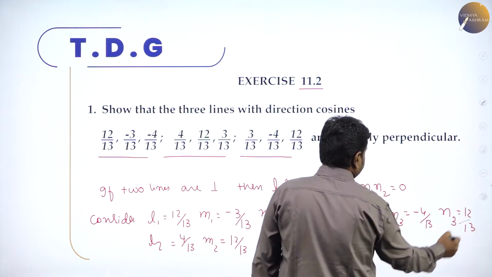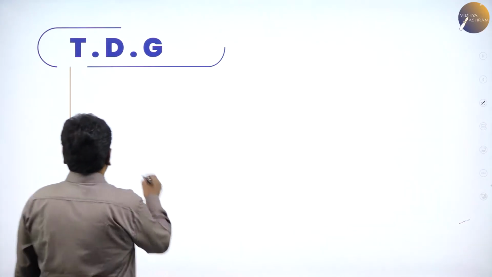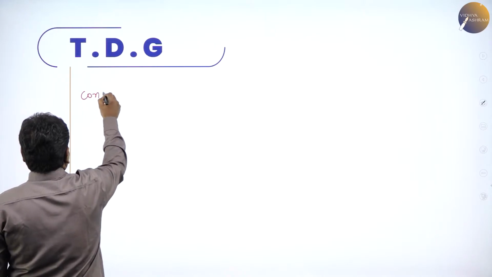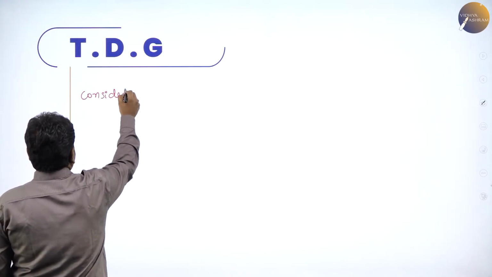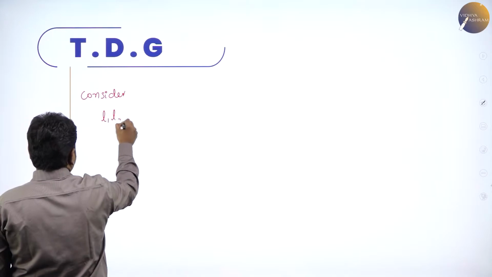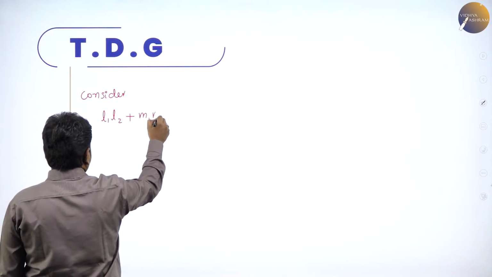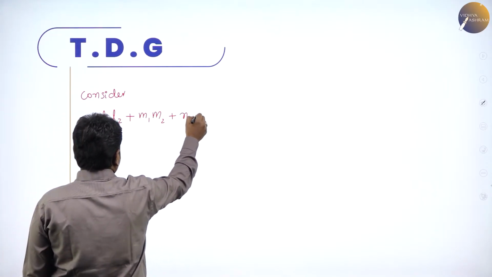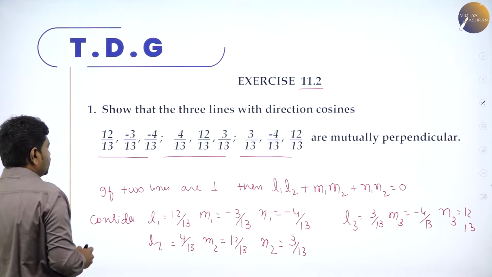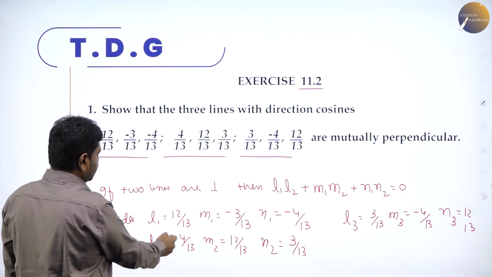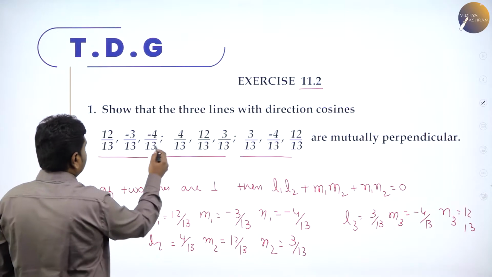So now consider L1 L2 plus M1 M2 plus N1 N2. L1 is 12 by 13, L2 is 4 by 13.